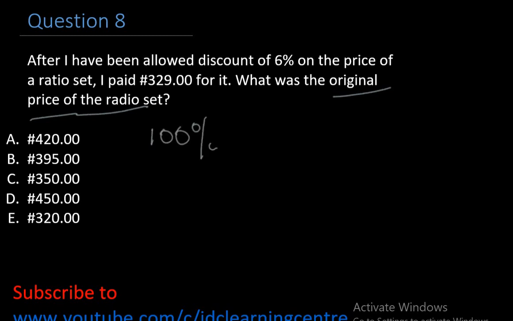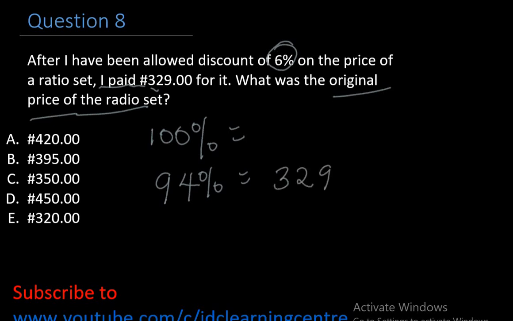So let the original amount be 100%. Out of this 100%, 6% was removed. So what I have now will be 94%. That's what this person paid for, 94%, since 6% was given to him as discount.